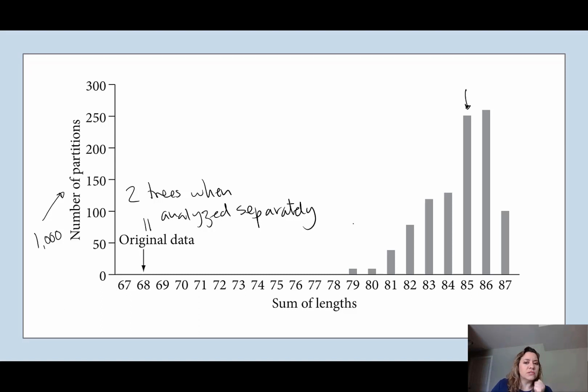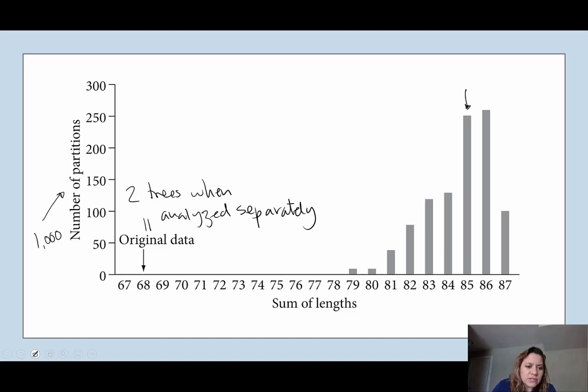What is this suggesting to you? After running 1,000 different pseudo-replicates, when we combine partitions 1 and 2, in no instance did we find any trees that were shorter than 68. What that means is that when we combine the two partitions into a pseudo-combined data set, we never retrieve a tree that is more parsimonious than when they were run separately.